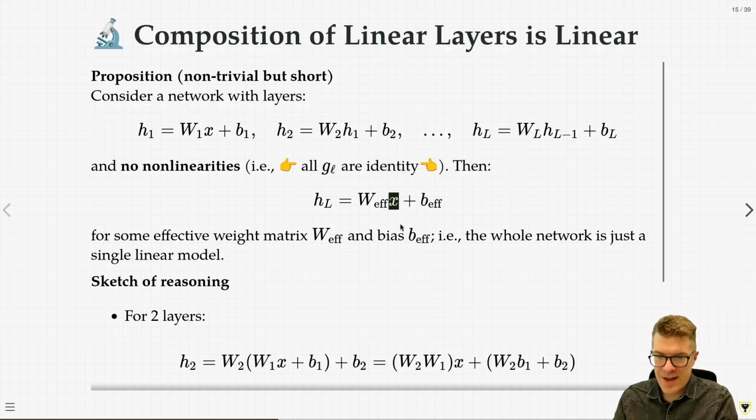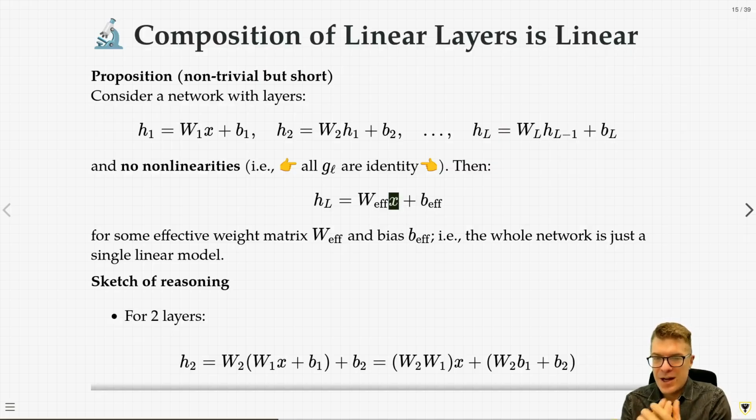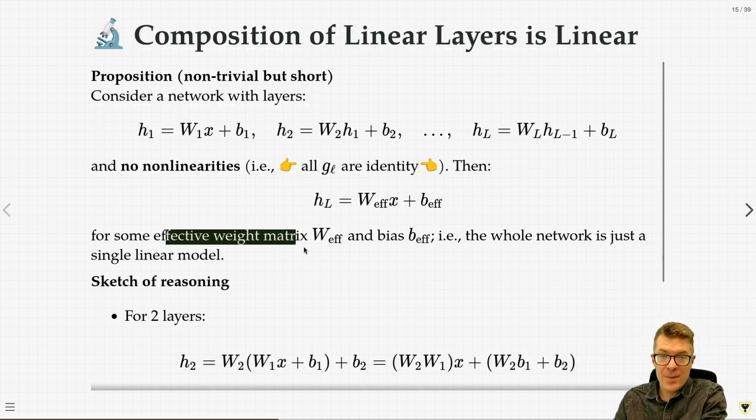Okay, and this fails to achieve what we wanted to use neural networks for in the first place, which is to get over the constraints of linear models that don't use a special trick that I mentioned earlier. This is true for some effective weight matrix.